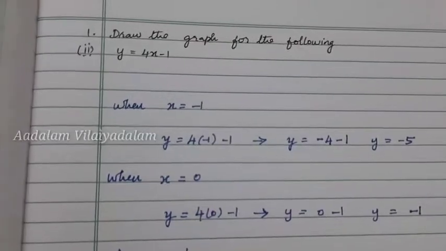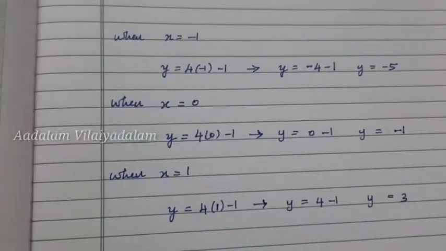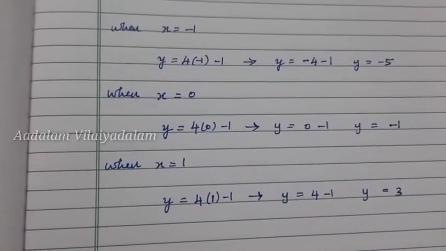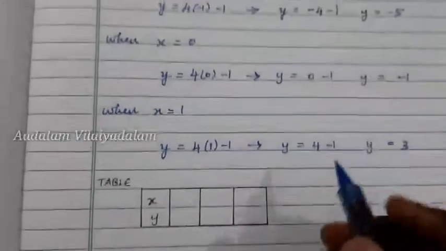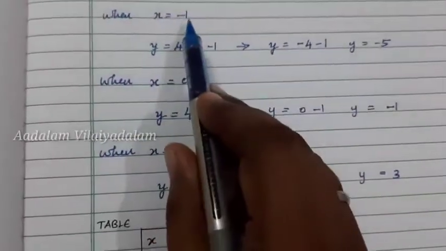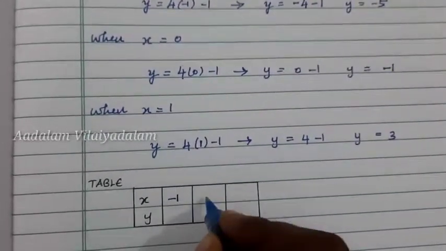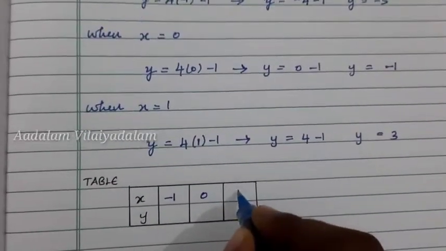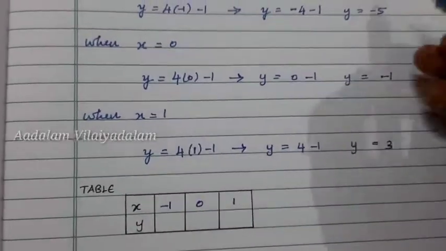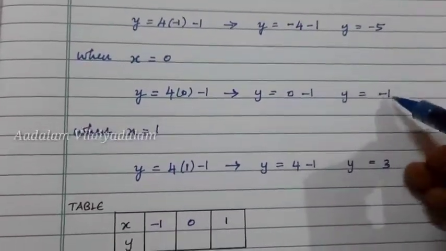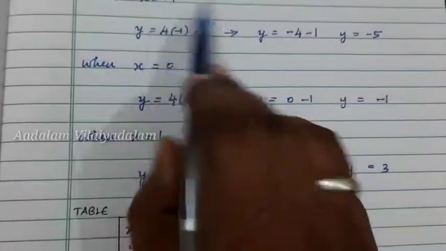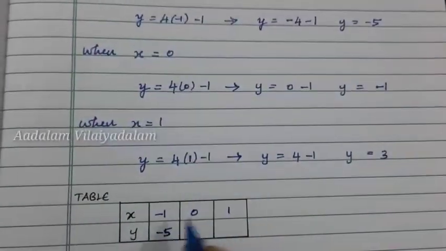So these three values are enough. Now we shall write the table. For x we have taken minus 1, 0 and 1. For y, what do we get? Minus 5, minus 1, 3. For minus 1, we get minus 5.